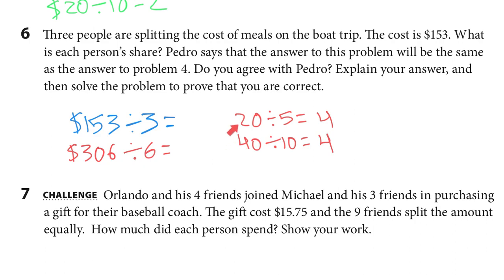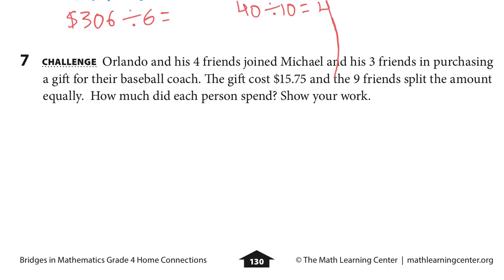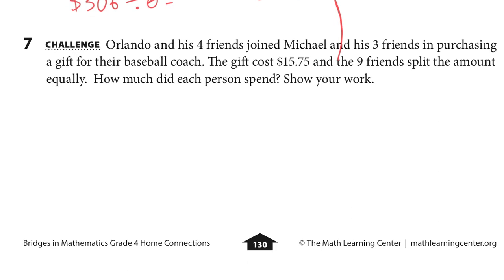Or if it's divided by 2, that's fine. It looks like that would be true. So I do agree with Pedro, and that is a really awesome thing to notice. So what a cool math fact, okay? And you can explain that in your own words, however you would like. Sorry about that drag mark there.